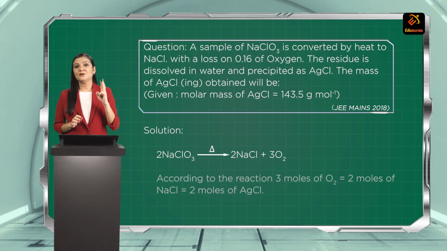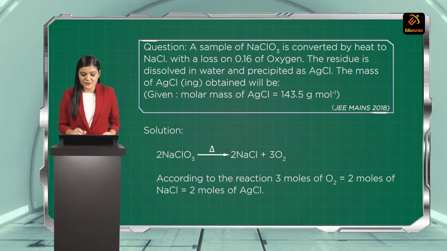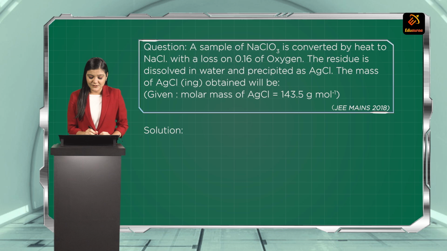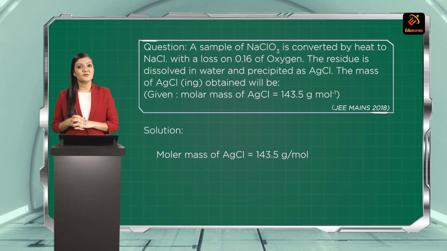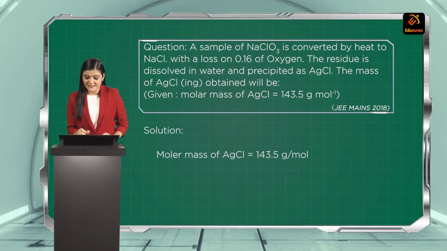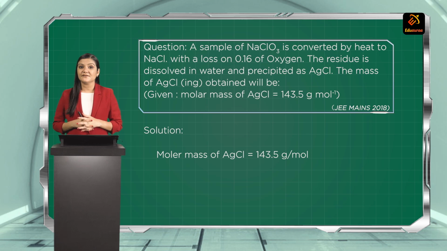Now students, 3 moles of oxygen are released when 2 moles of NaCl is formed and 2 moles of NaClO3 is consumed. So the mass of AgCl, if I had to find out, then first we will consider molar mass of AgCl, which is equal to 143.5.